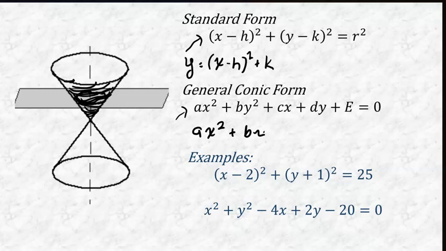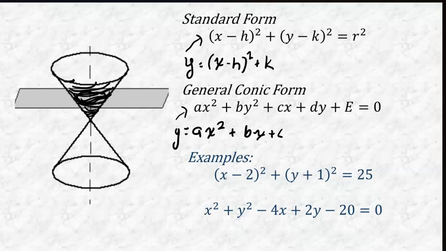Why the names are different, I'm not quite sure. But essentially, the standard form of a quadratic is a general conic form, and the vertex form, which some of you might be familiar with, is really the standard form of the conic.